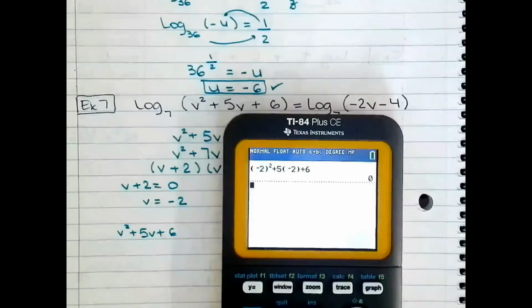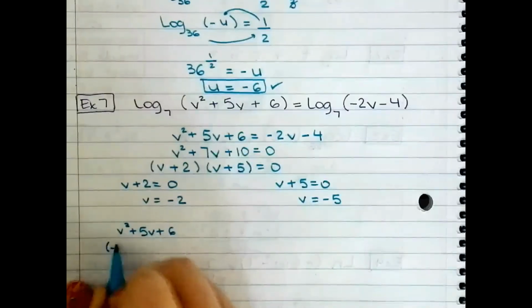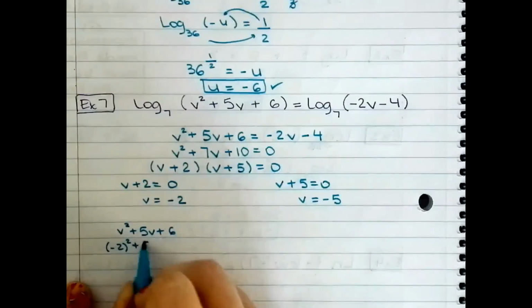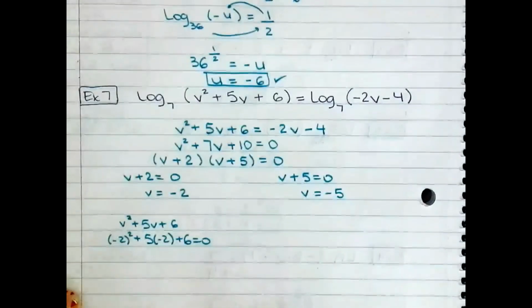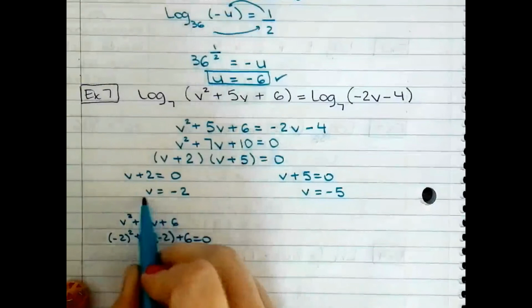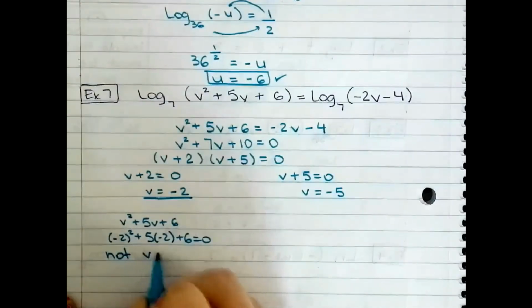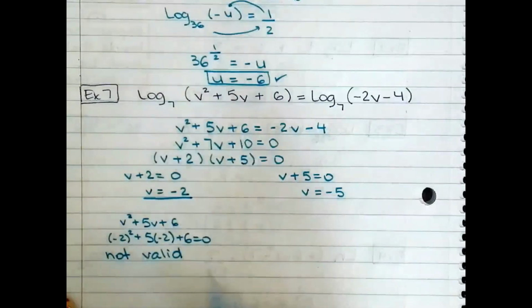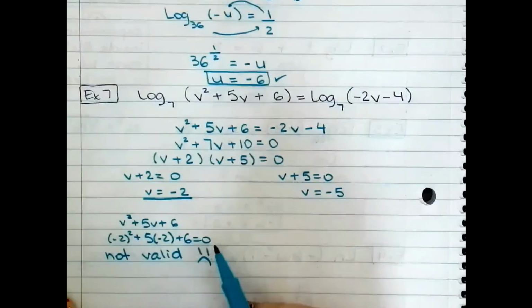I got 0. So when I check for -2, I get 0. 0 is not a positive number. Therefore, v equals -2 is not a valid answer, because 0 is not positive.